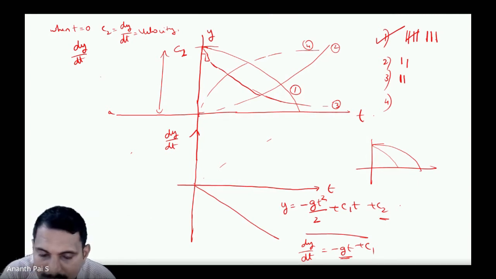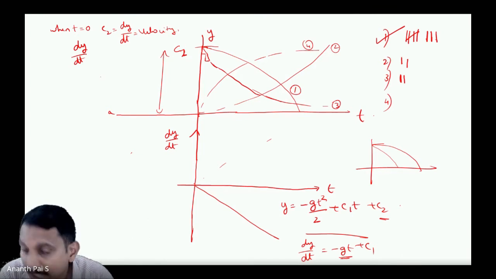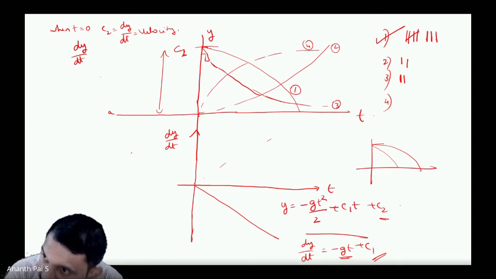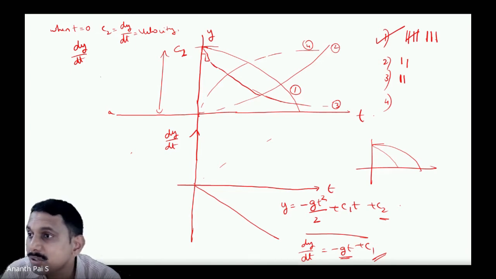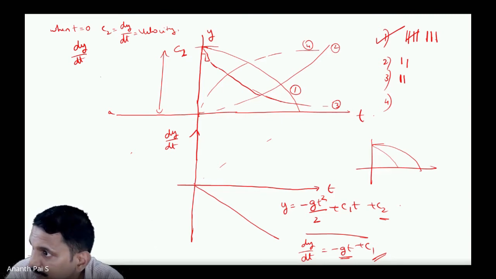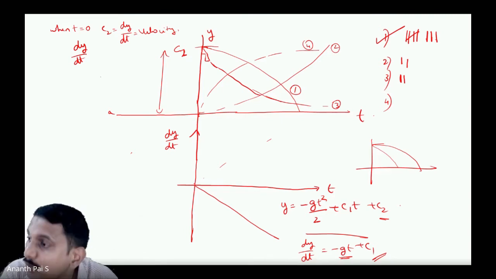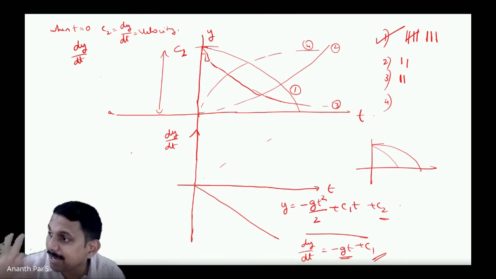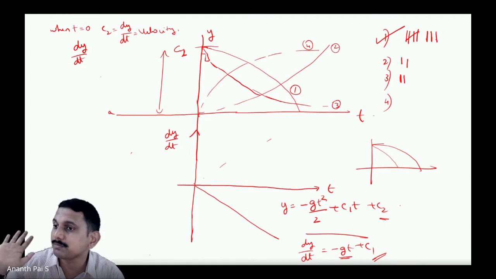It is because when t increases, dy by dt magnitude increases. It can be got from this only, nothing else. When time increases, dy by dt increases. Is it not? Make sense? So from this only we can get. We need not see anything. Everything is in the equation. That's why mathematical modeling equations are put.